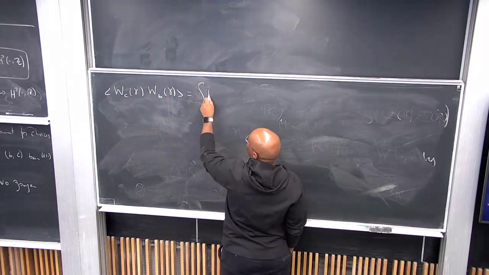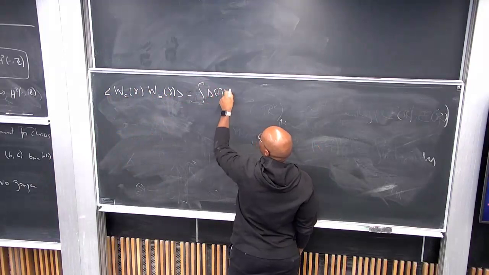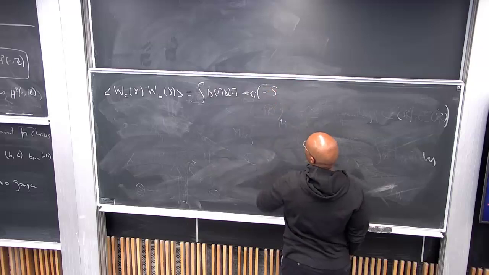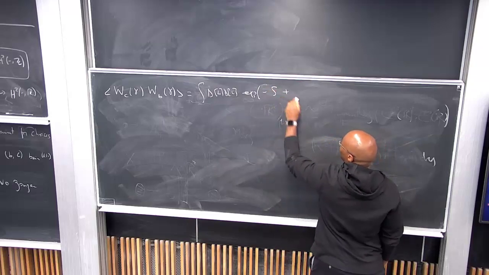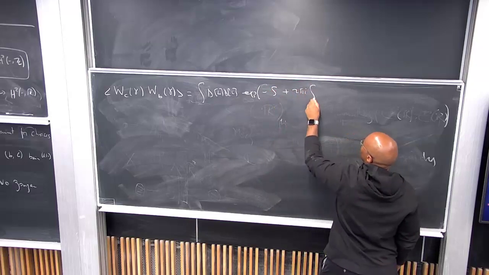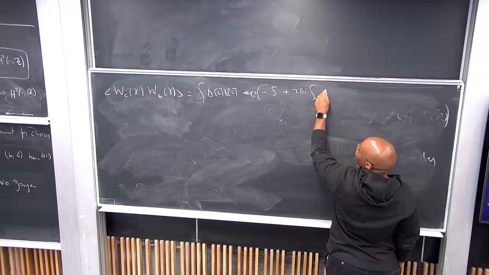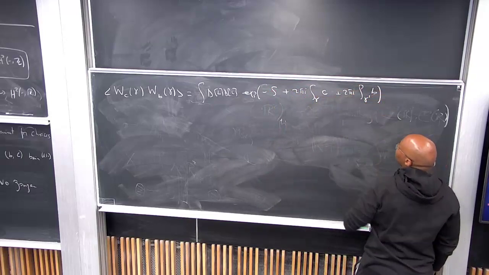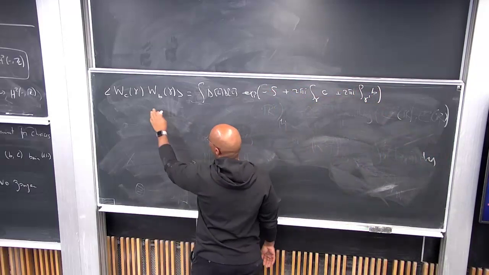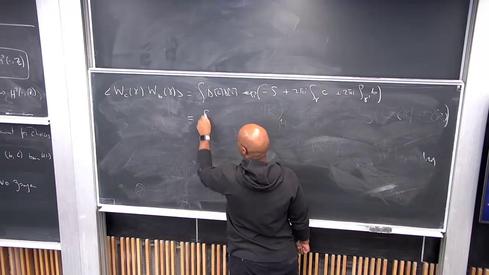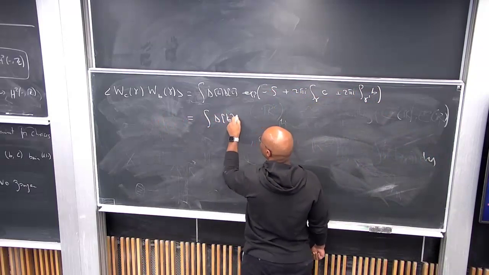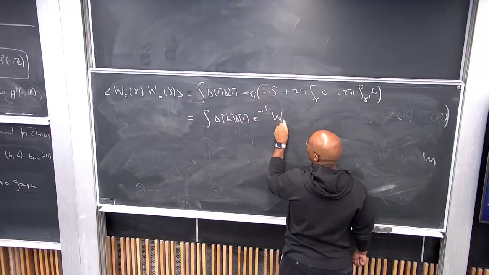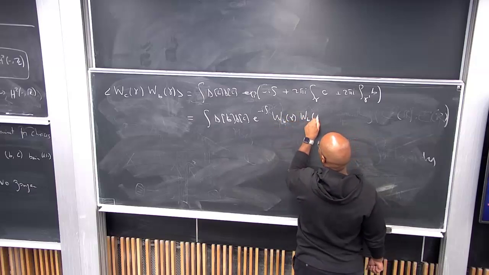We have an integral of DB, DC, exponential of the action, plus i times the integral over gamma of C. When I say I insert this operator, what I really mean is I compute this quantity, e to the minus iS, times WB of gamma inserted with WB of gamma prime.